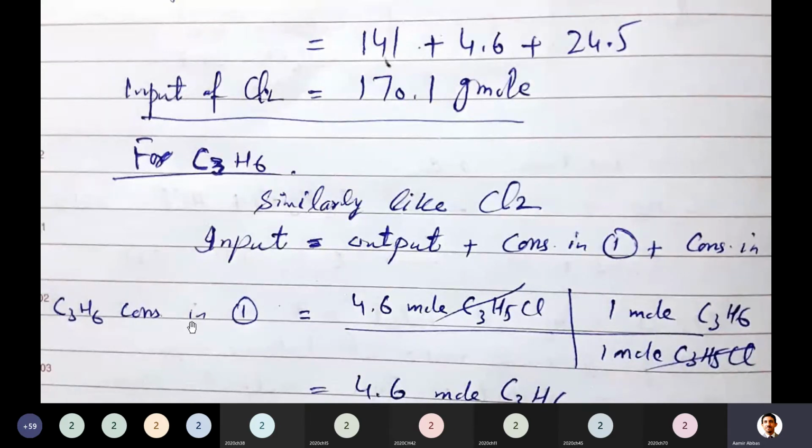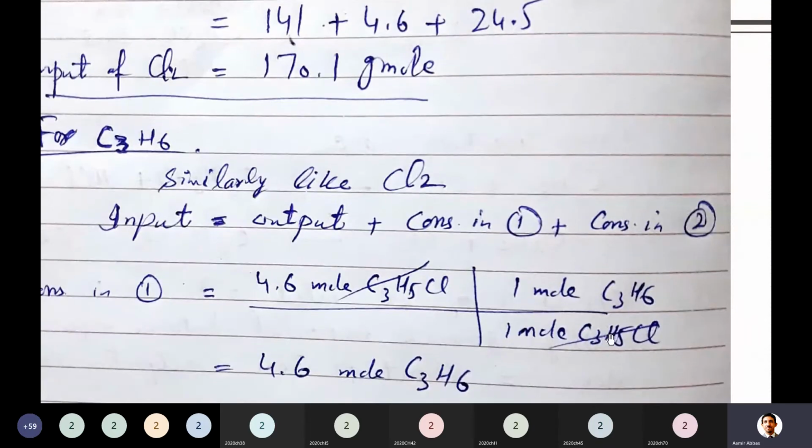The C3H6 consumption in reaction 1 can again be calculated either based on HCl or C3H5Cl. That will be the same thing, because if you go back to the equation, you can see that when 1 mole of C3H5Cl is produced, 1 mole of C3H6 is consumed. At the same time, you can even use the ratio of reactants.